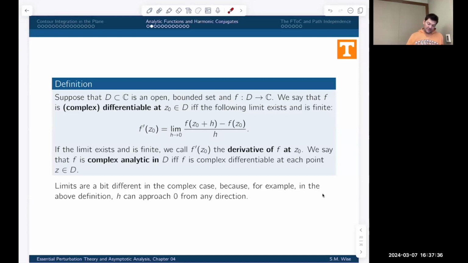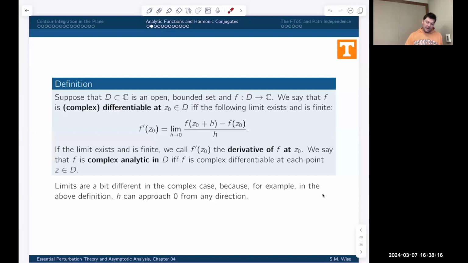So if f is a function defined on an open set in the complex plane, we say that f is complex differentiable at z naught if and only if the following limit exists and is finite. That's the same limit process you see when you take a derivative of a real valued function, right? The difference here is that, well, let me explain the difference momentarily. So if this limit exists, then we call that limit the derivative of f at z naught, and we give it that symbol.